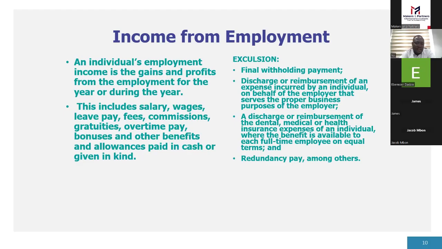So let's say your employer sent you on an errand and then you incurred T&T expenses and it's being reimbursed back to you. You are being paid back. That is not considered as income from employment.